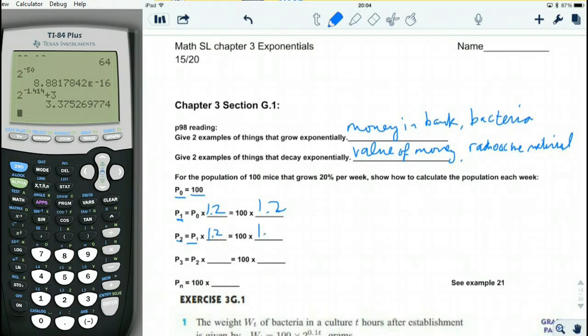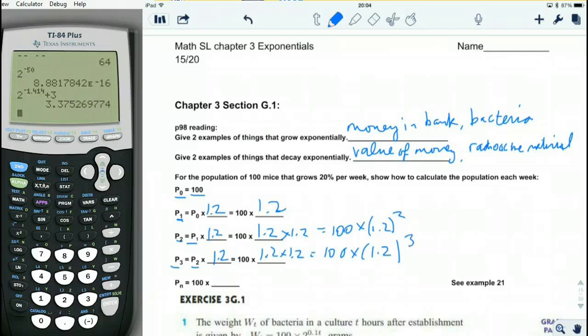And that would be 100 times 1.2 times 1.2, which is equal to 100 times 1.2 squared. And then P3 would be P2 times 1.2, which is equal to 100 times 1.2 times 1.2 times 1.2, which is equal to 100 times 1.2 to the third.